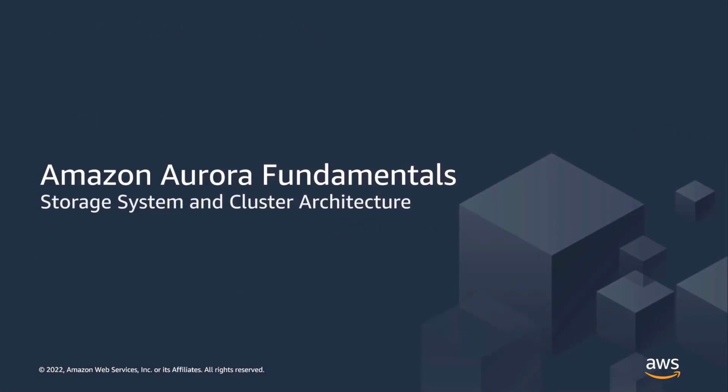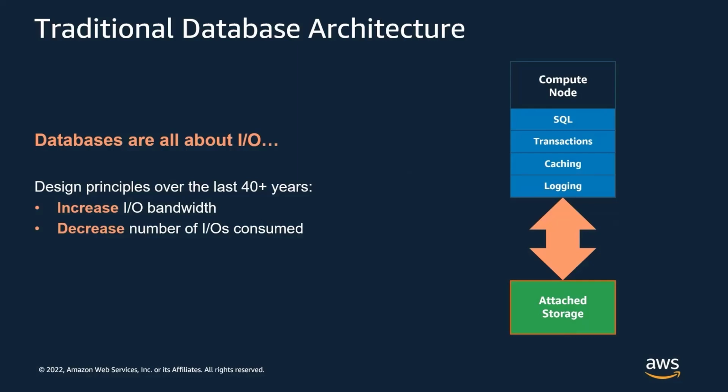All right, so let's dive in and take a look at what makes Aurora tick and some of its fundamental building blocks. Before we look at the Aurora architectural improvements, let's first consider the challenges traditional relational databases face. Relational databases have existed for more than 40 years now. And over the years, we have found that database performance is all about I/O.